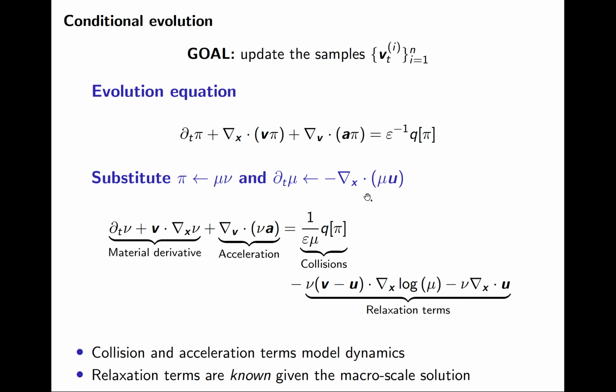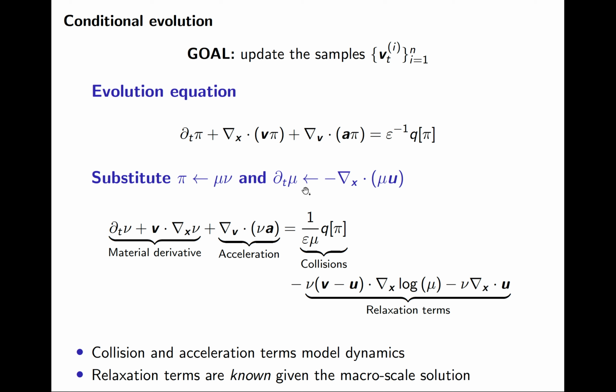The last step of our numerical method is to define a way to evolve these particles in the velocity coordinate at each of the key points in the domain. So the way we do that is by going back to the original Boltzmann equation, which I've put up on the screen here again. And we substitute into the Boltzmann equation this decomposition for the joint density, where pi, the joint density, is decomposed into, again, the mass density and the conditional density over the velocity coordinate.